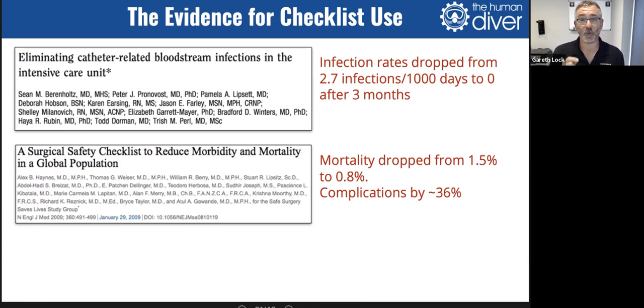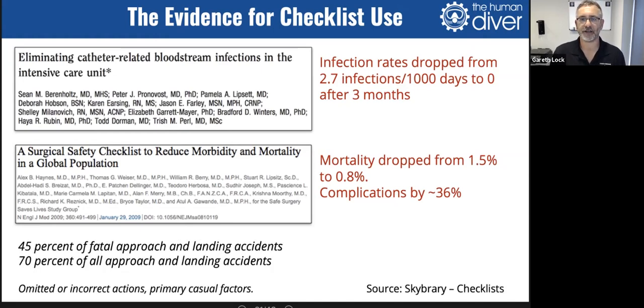But importantly, it wasn't just the checklist. It was the social environment in which the checklist was used, and the empowerment of the nurses to say, stop, we are not continuing until the checklist is done. One of the problems they've had is trying to replicate some of these research projects, because they just give the tool out but don't create the operating environment, which is something I'll touch on in a minute.